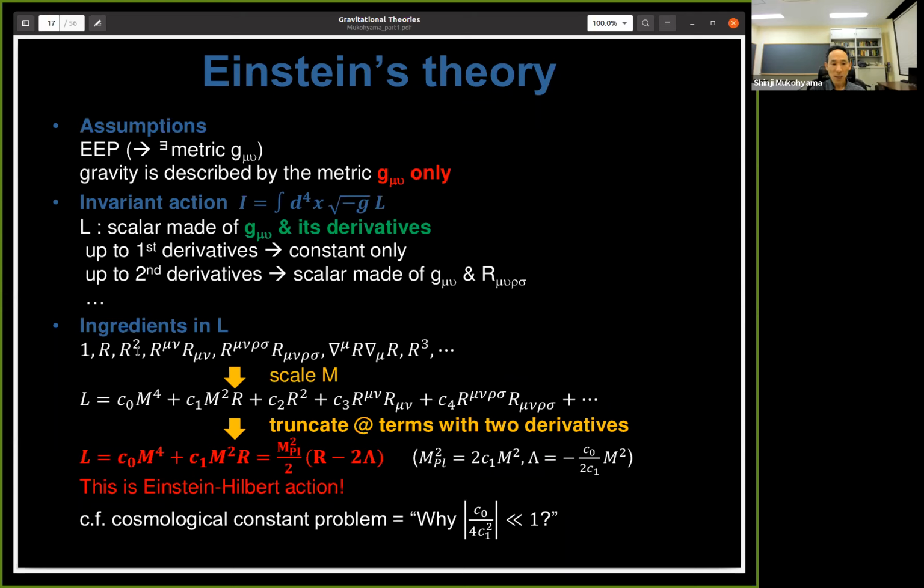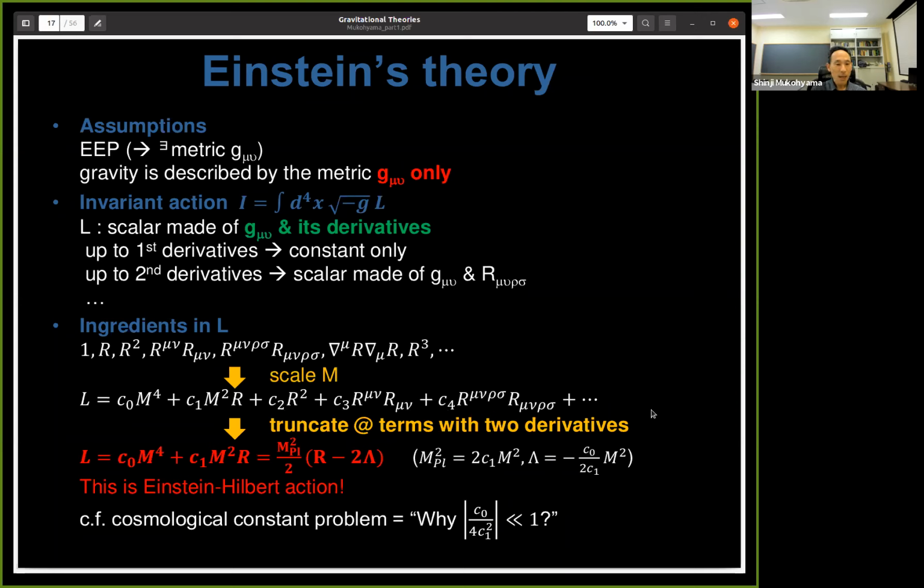Without derivatives we have just a constant. I put some scale M and a dimensionless constant c0. Up to second derivative we have the curvature, which is a scalar, multiplied by a mass scale squared multiplied by a dimensionless constant. Next we have curvature squared, three combinations, and so on.